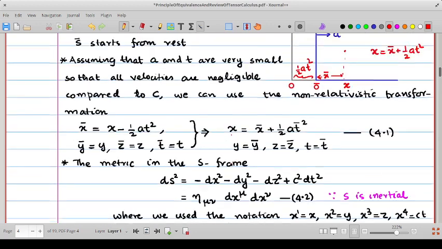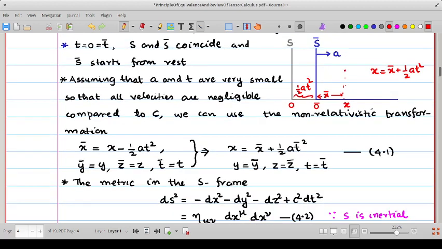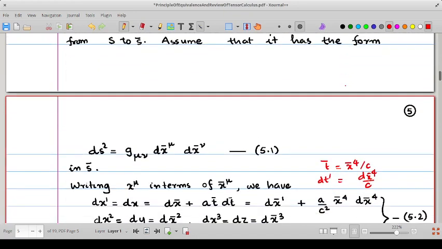So if we want to write the laws of physics in S and S bar, we see that in S, the laws of physics will correspond to a flat space-time, whereas in S bar, they will correspond to laws of physics written in a curved space-time. Obviously, those two will not match.